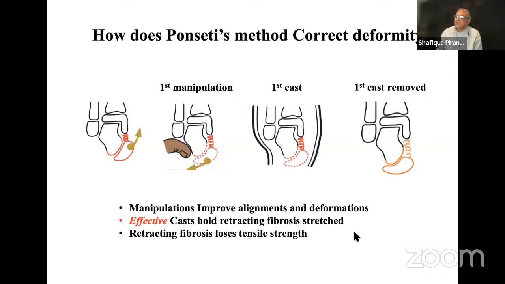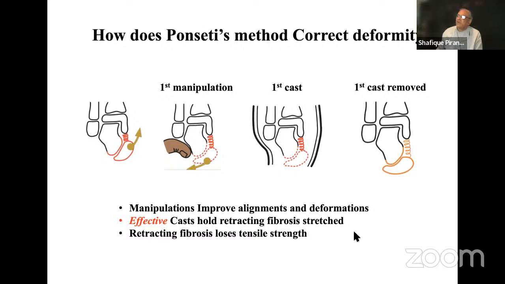And during the first manipulation, you can see with the thumb on the outside of the talar head that the purpose of the manipulation is to reduce the deformity as much as possible by pulling the navicular away from the medial malleolus. Then we apply the cast with the talonavicular joint in the position of maximum correction obtainable without hurting the child. And so that's what our MRI showed.